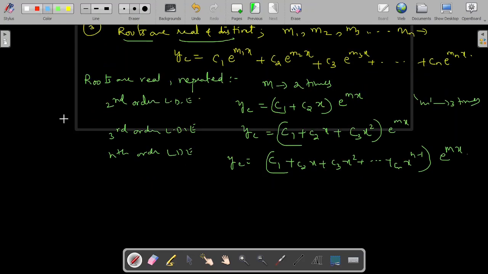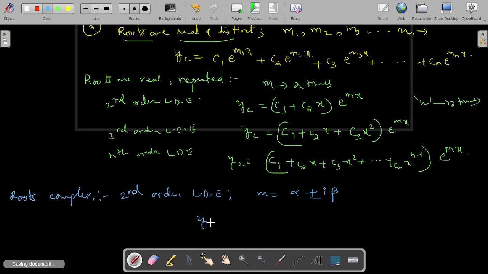Next, if you have complex roots, suppose you take a second order linear differential equation. If you have the root alpha plus i beta, and you know that complex roots always occur in conjugate pairs, then alpha minus i beta is also a root.